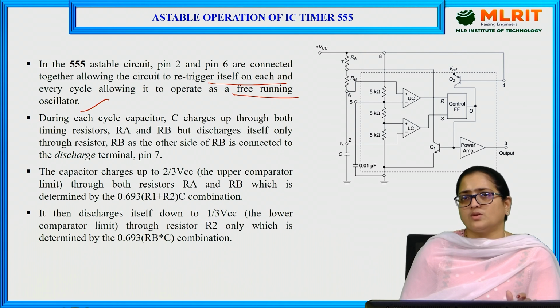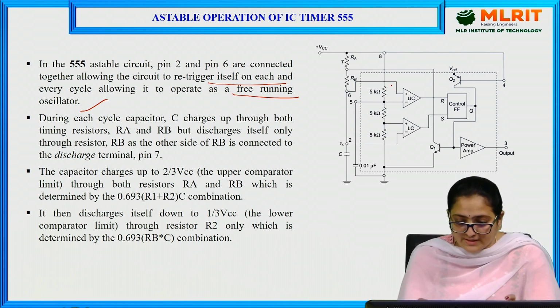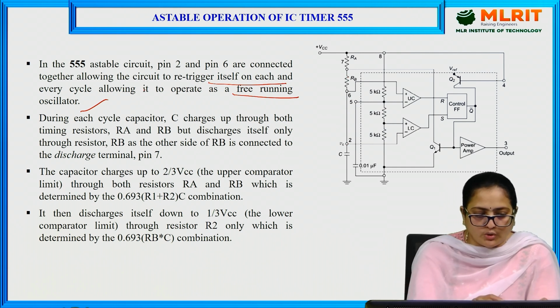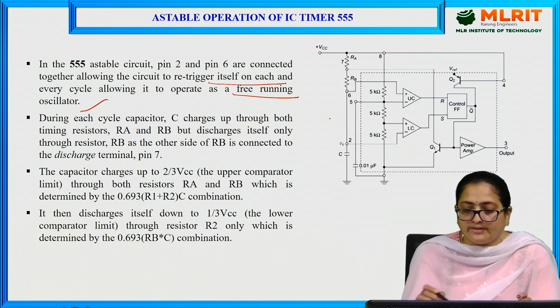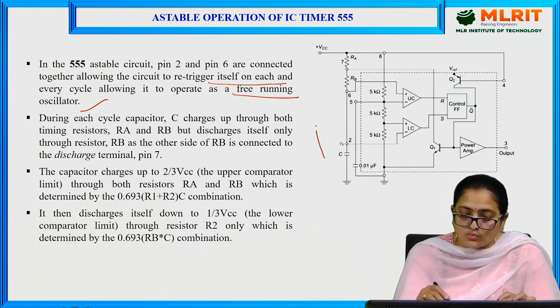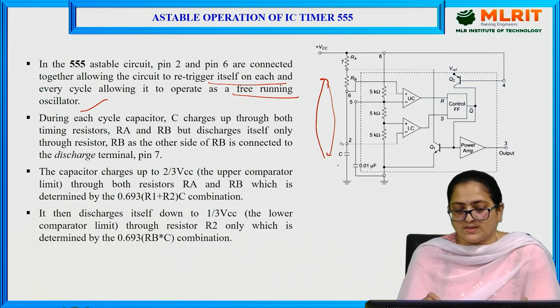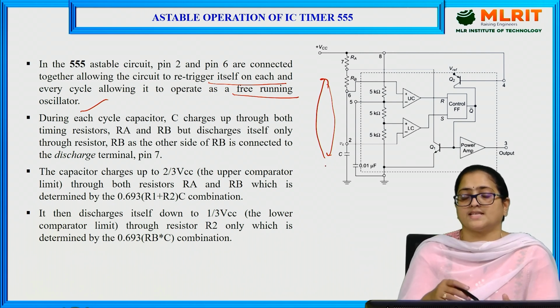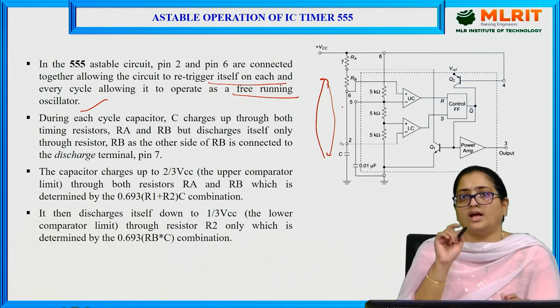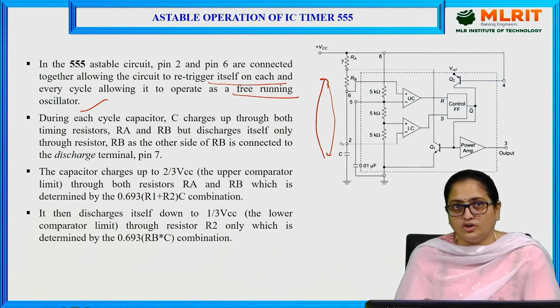This astable is also called a free running oscillator because pin 2 and pin 6 are connected together. It charges towards plus VCC and again it discharges towards minus VCC. So it always re-triggers itself between pin 2 and pin 6. So this is also called a free running oscillator.